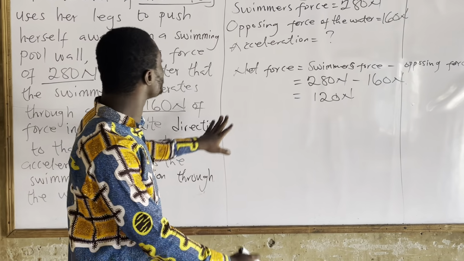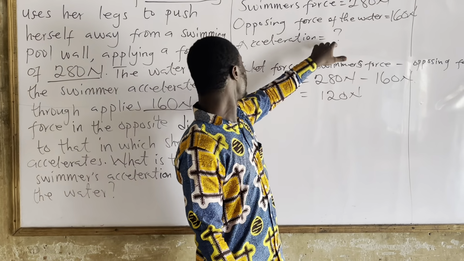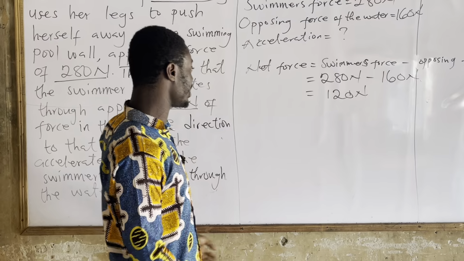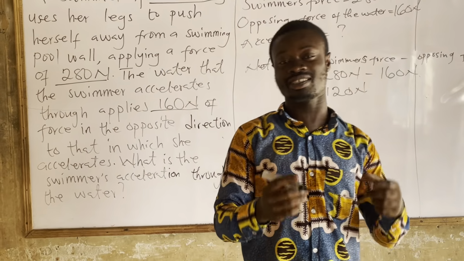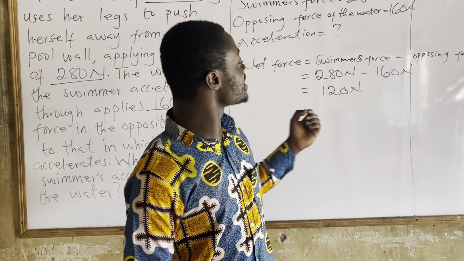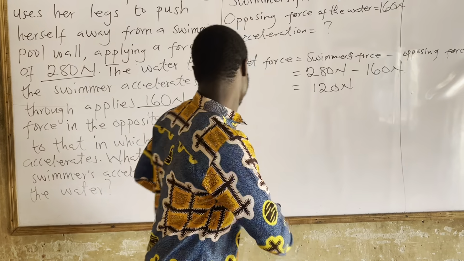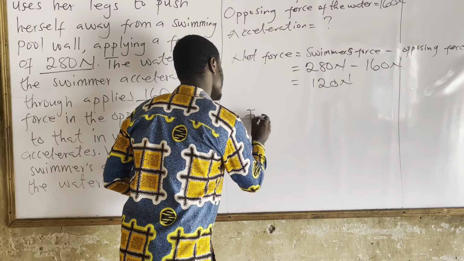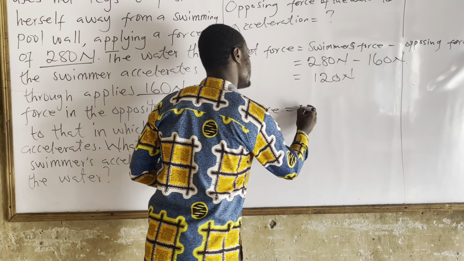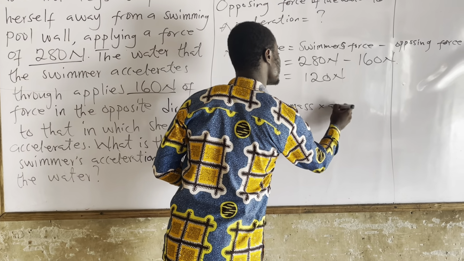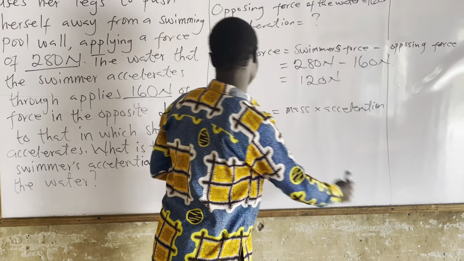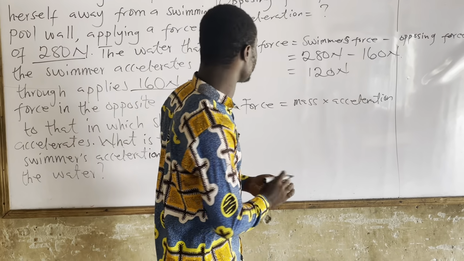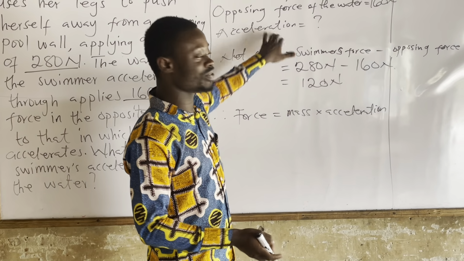Okay, so the question says we should calculate the acceleration of the swimmer through the water. We know that from Newton's second law, force equals mass times acceleration. So we can make acceleration the subject of that formula, because the question said we should find acceleration.